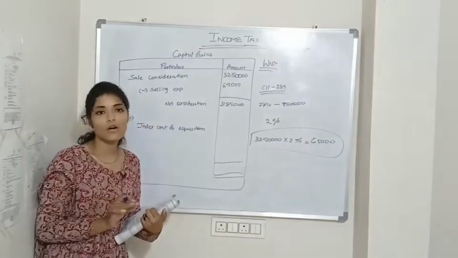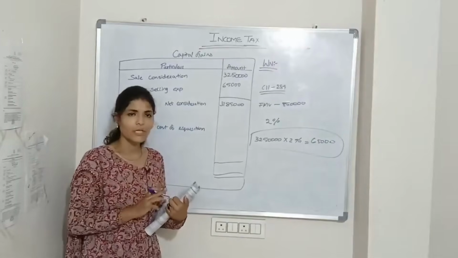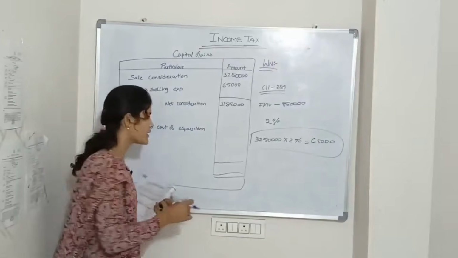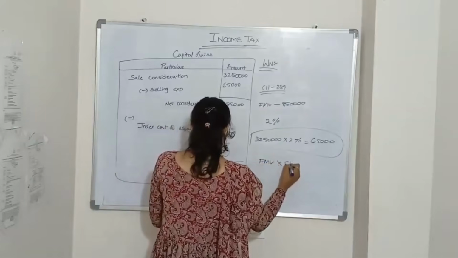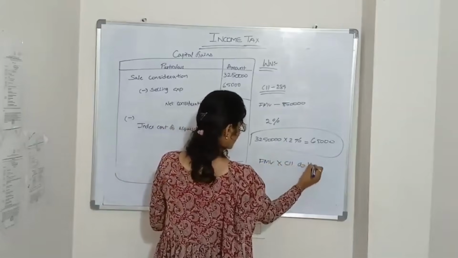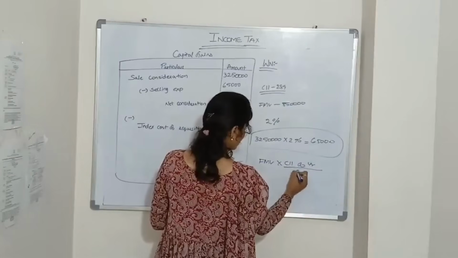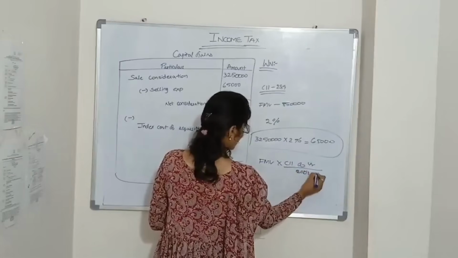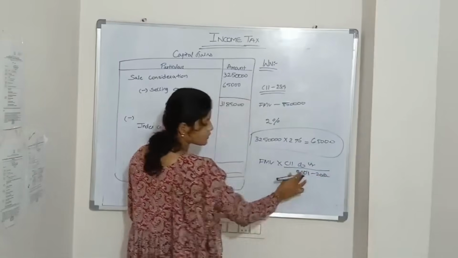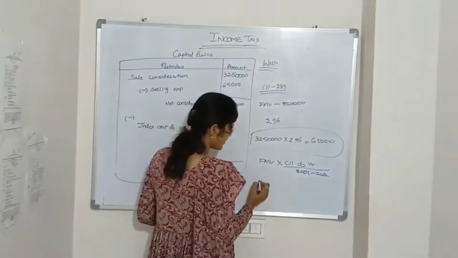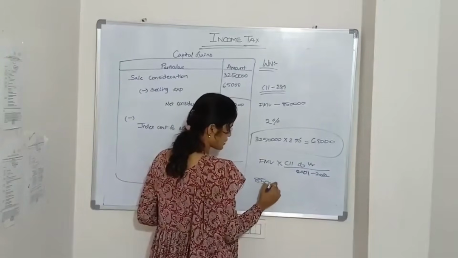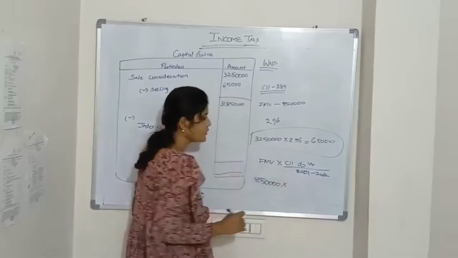Now the index cost of acquisition. The formula is FMV into CII of the year of transfer divided by the CII of 2001 to 2002. For 2001 to 2002 the default is 100. FMV is 8,50,000 into CII.